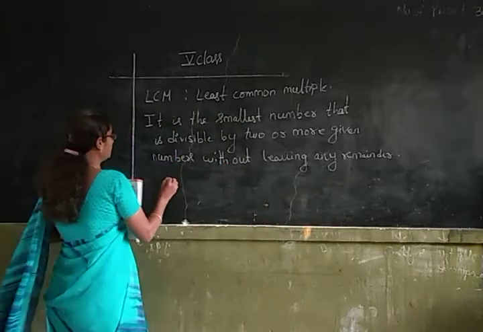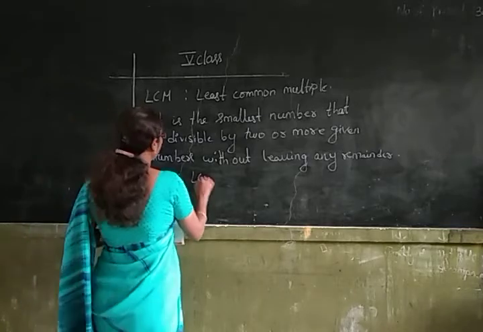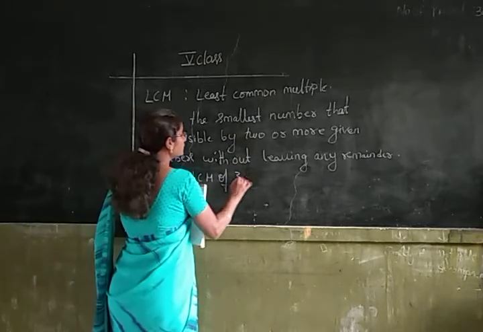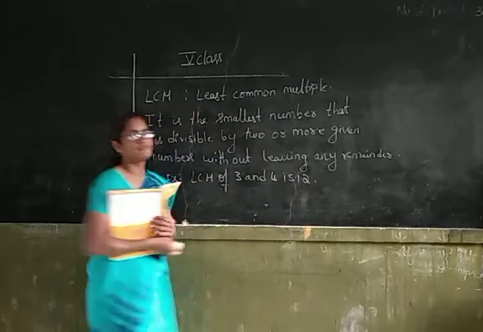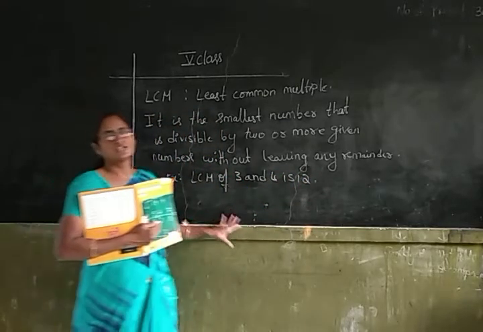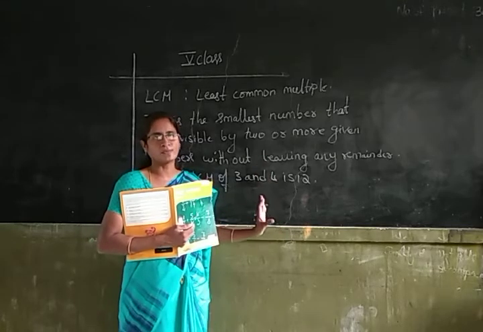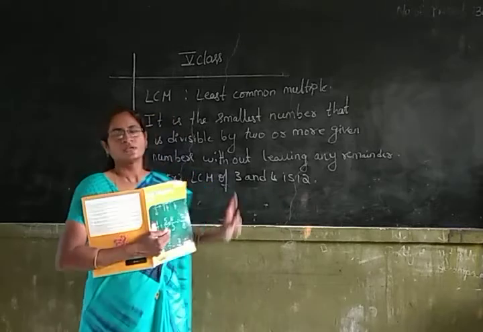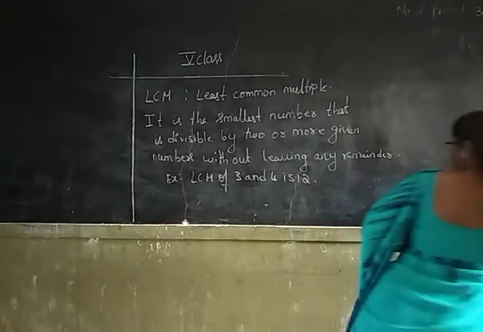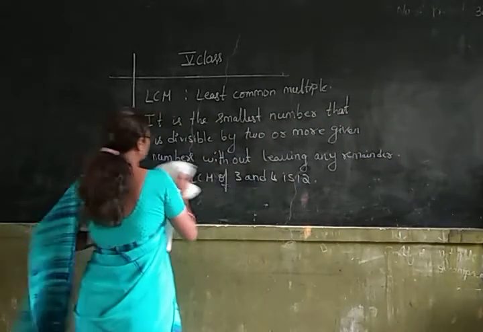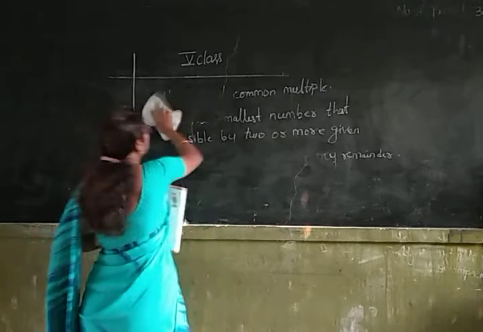For example, the LCM of 3 and 4 is 12. The LCM of 3 and 4 is 12.